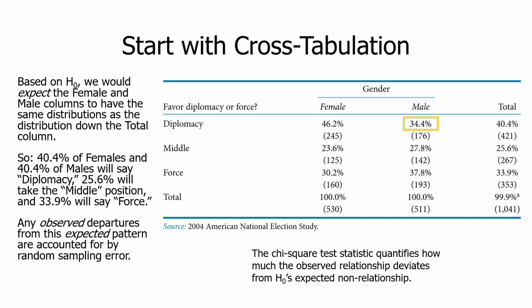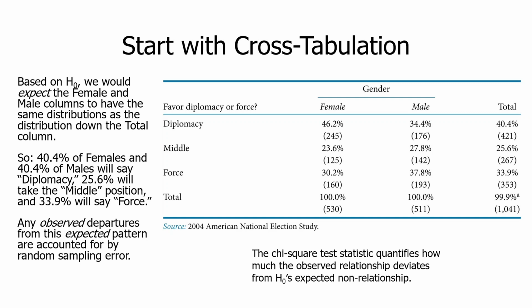So there's almost a 12 percentage point drop in the preference for diplomacy across genders. We would be inclined to say that our gender gap hypothesis is supported. But the null hypothesis would say not so fast.